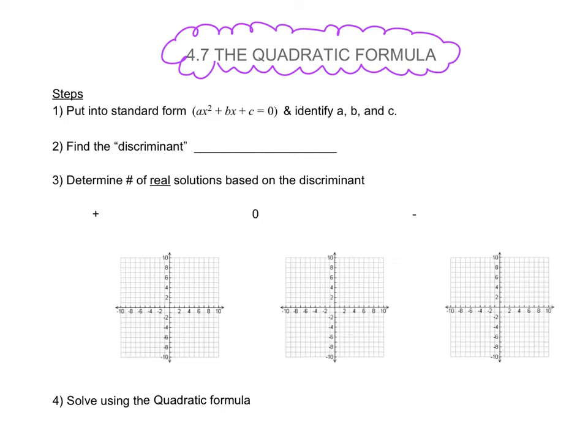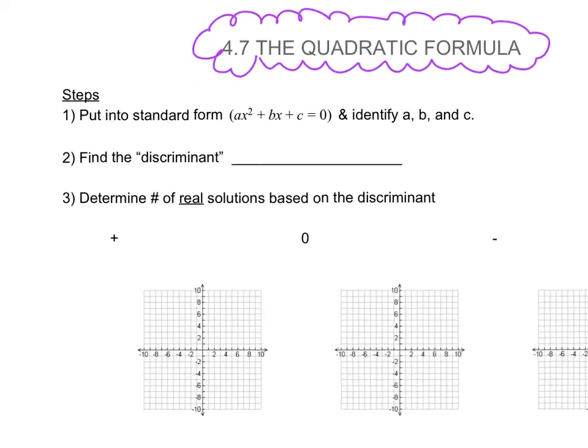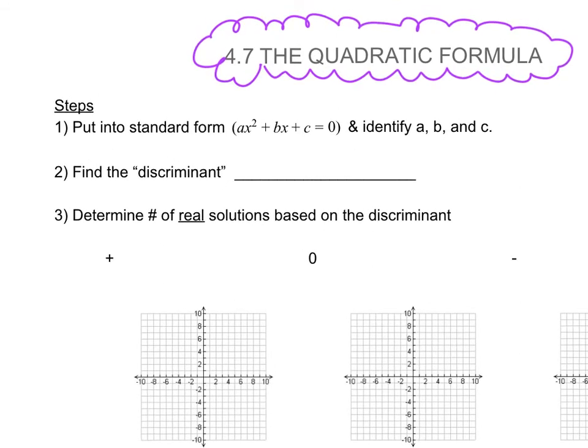The first step is to put your quadratic into standard form, ax squared plus bx plus c equals 0, and identify your a, b, and your c. Okay, not too bad. The second part is to find the discriminant. The discriminant is b squared minus 4 times a times c.